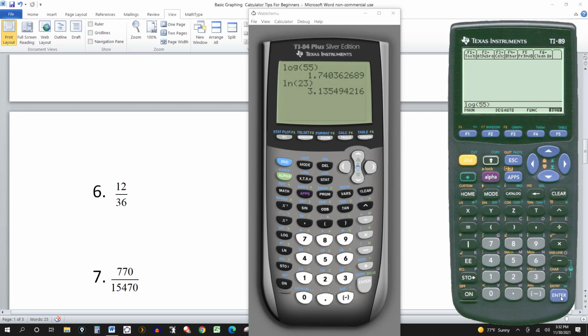If I hit enter again, it gives me an exact answer in a different base. In other words, it wants to give an exact answer. So if you want a decimal approximation, just hit the diamond key here and enter, and there it is, 1.74036. Of course, it's the same thing that we got with this one.